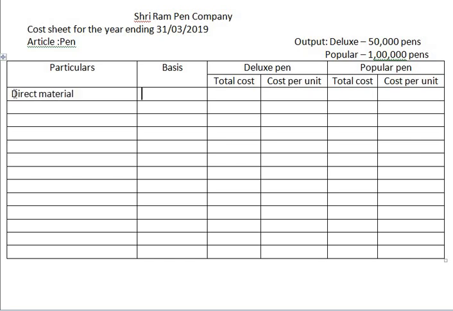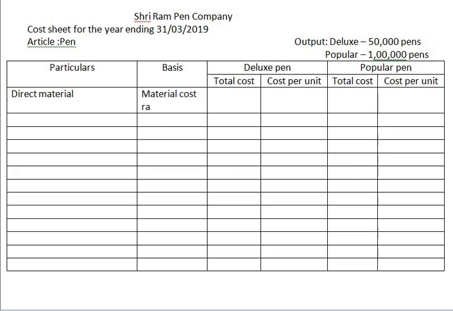Okay. Now direct material. So basis is what it is related to what type of ratio? Now direct material is related to material cost ratio. So here basis you can write material cost ratio. Hope everybody is understanding and there is no such doubt because problems are very simple.